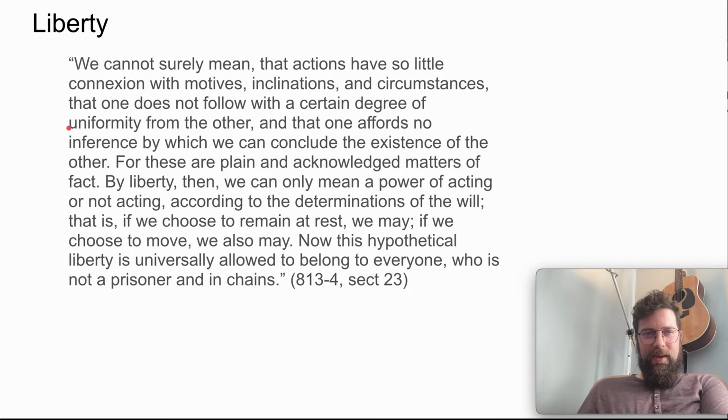"And that one affords no inference by which we can conclude the existence of the other." He goes on. "For these are plain and acknowledged matters of fact."